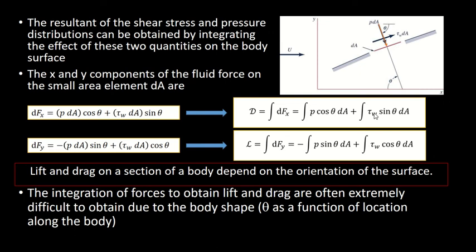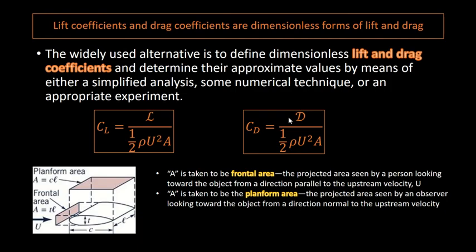In order to solve this, instead of the analytical method, we come up with the dimensionless lift and drag, which are called the lift coefficient and drag coefficient. The lift coefficient is equal to the lift force divided by half rho U squared multiplied by area.